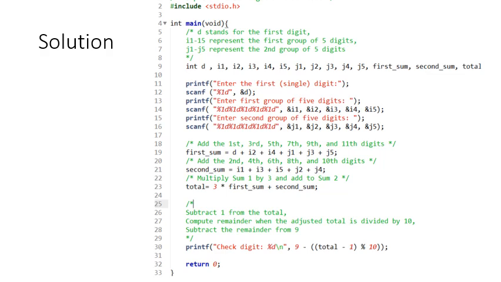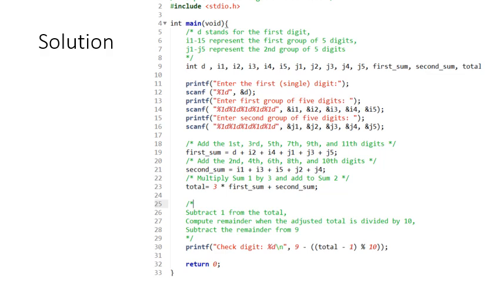We can do this by simply specifying 5 placeholders for each of your values, and then storing it in their corresponding addresses of each variable, address of I1, I2 up to I5, and similarly we do the same for J1 to J5, and then we just follow the procedure.